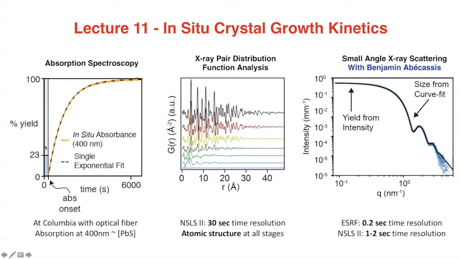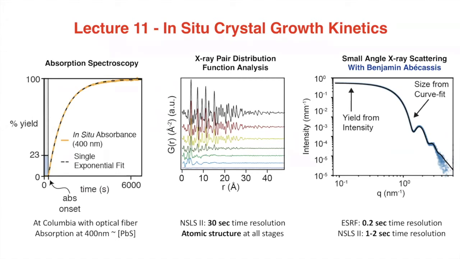You've seen this absorption spectroscopy method now. That's one method of measuring the production of crystals. Two others involve X-ray scattering techniques. This is something called pair distribution function analysis. And it's a wiggly looking thing that may be very unfamiliar to you. But briefly, each one of the peaks that you see here is a regular distance in this sample.